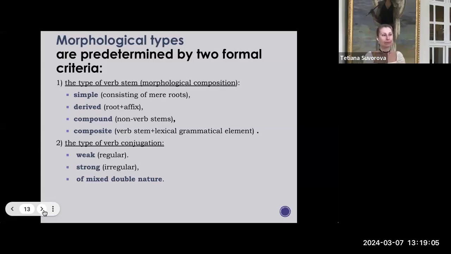Okay, so then the type of the verb conjugation. Here it is a difficult situation, especially in the Ukrainian language. We all suffer while speaking Ukrainian because we don't practice properly. We should practice as with any language, as a native as well.